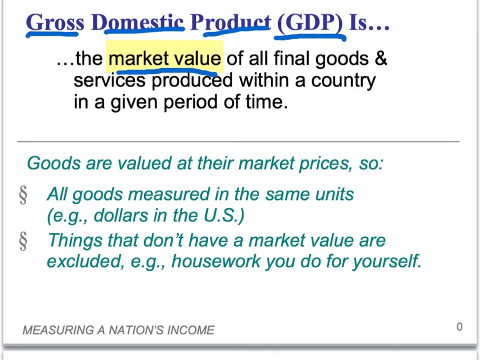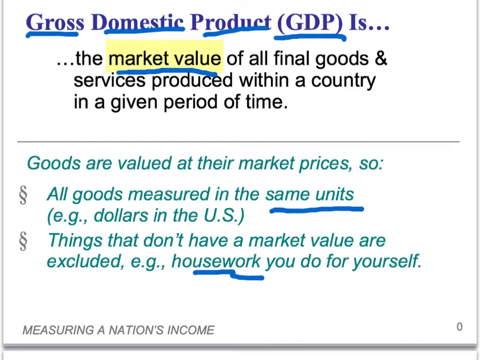We have to look at them in the same units, and we leave out things that don't have a market value. Housework you do for yourself is not included in GDP. Now, should you pay someone to clean your house and it gets reported in your tax return and in their tax return, then that would be part of GDP.